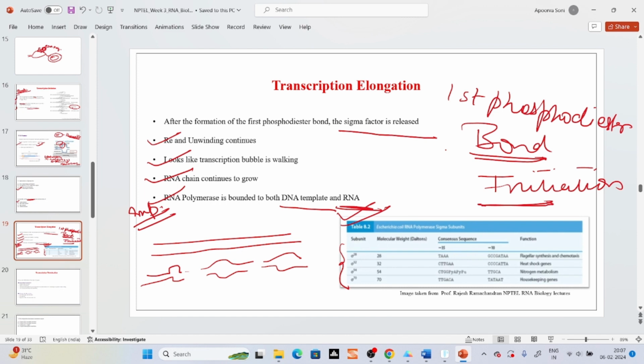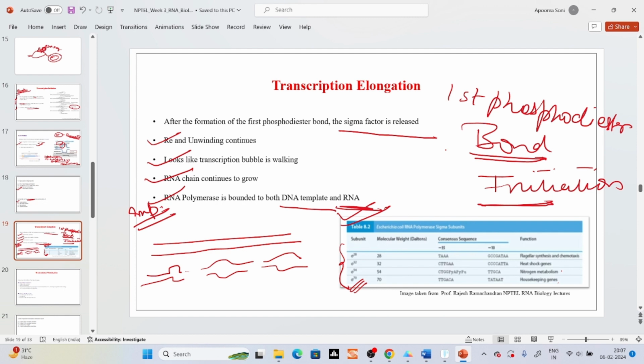If you have Pathfinder, you will find it there also. Basically sigma 70 is the one that we consider mainly. It is responsible for housekeeping genes. Sigma 54 is responsible for nitrogen metabolism, sigma 32 for heat shock proteins, and sigma 28 for flagella synthesis and chemotaxis.